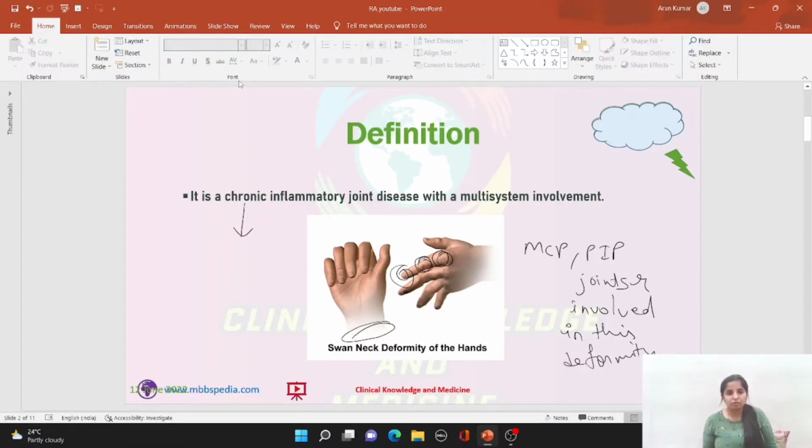So the definition of rheumatoid arthritis is it is a chronic inflammatory joint disease with a multi-system involvement.